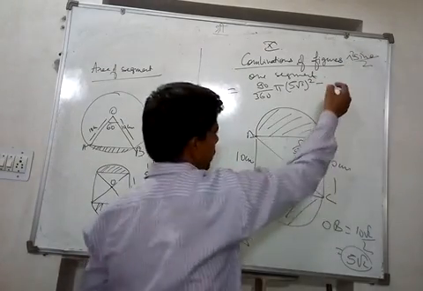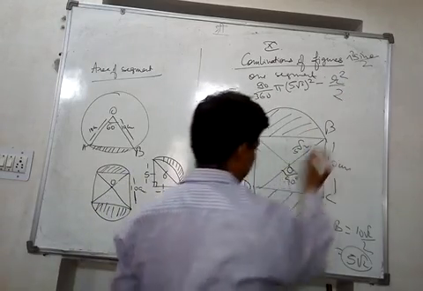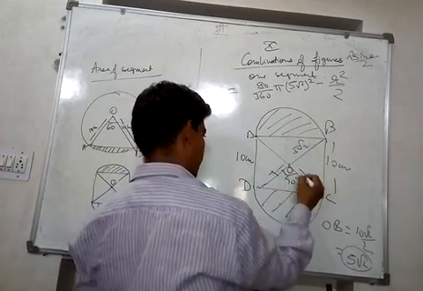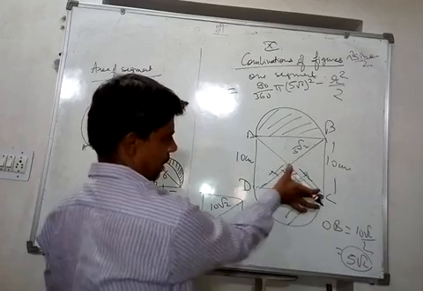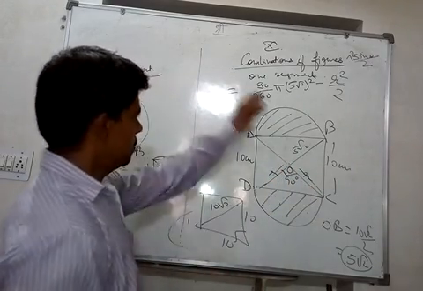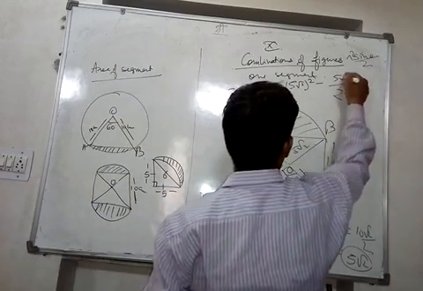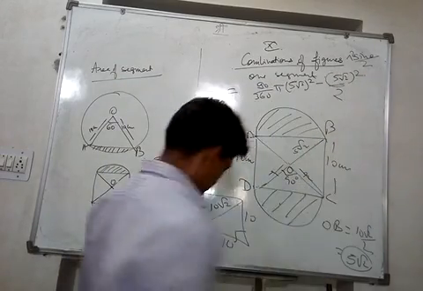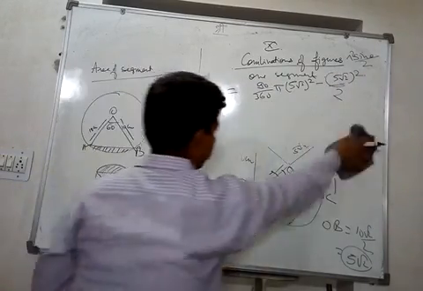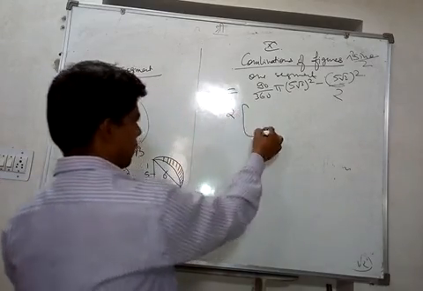Sin 90 is 1, so we can directly write r square by 2. You can also use half base into height, where the base is r and the height is also r, because the angle is 90 degrees. So we use the value of r as 5 root 2, whole square. This is one segment, and for two segments you multiply this complete quantity by 2.